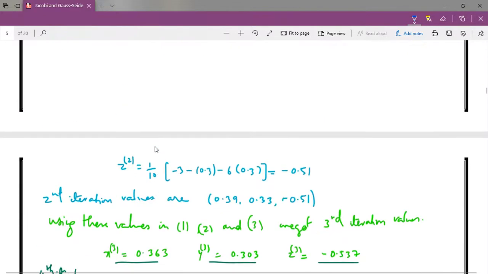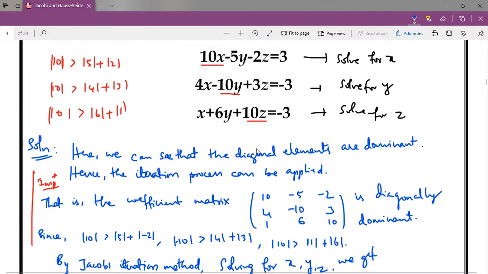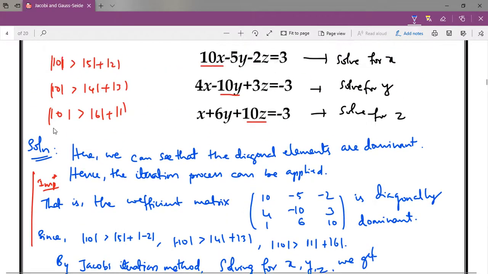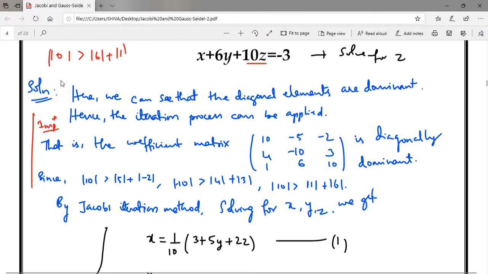In the previous example we had this system, the same system we are going to solve by Gauss-Seidel now.